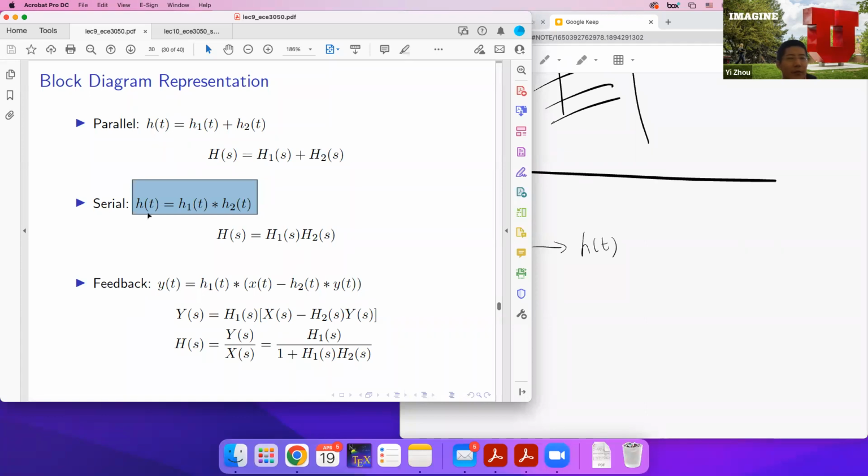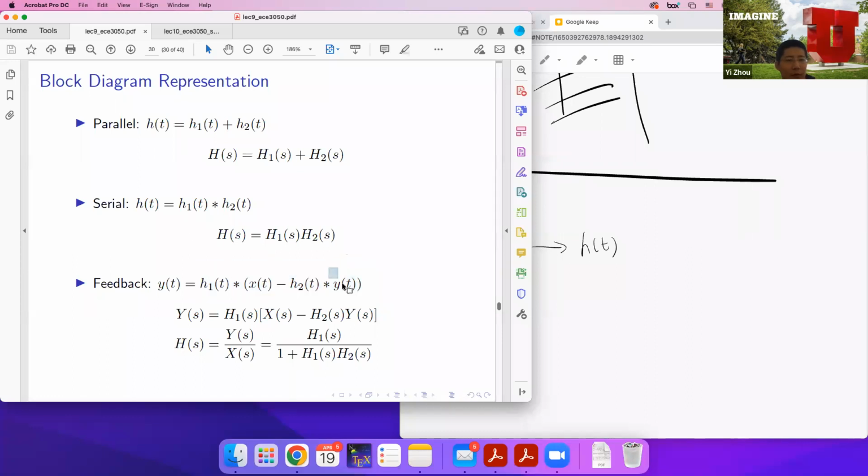And this is a serial system. It's basically a convolution of two signals, and when you take the Laplace transform, they become a product in the s domain. And this is a feedback system, because on the left-hand side you have the output of the entire system, but on the right-hand side, the output is fed back into the system.